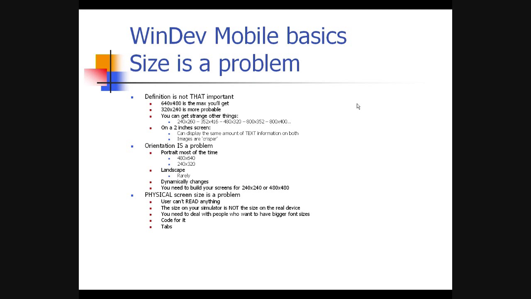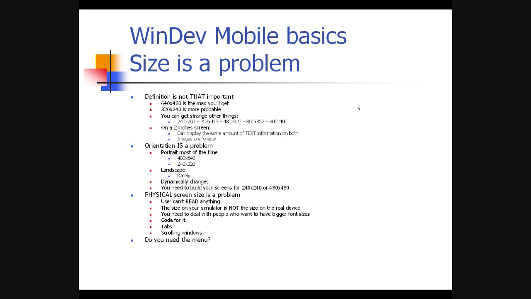You can deal with that by using tabs, for example, to separate information in groups instead of having everything on the same screen and trying to display it as small as humanly possible. You can use scrolling windows. I don't like that, but lots of applications are using this kind of thing. We'll see in the next slide what other solution you have to deal with that. But you have to think about all that, how you're going to deal with it.